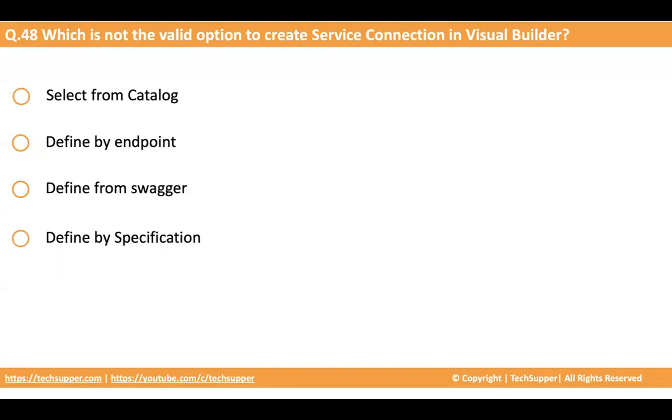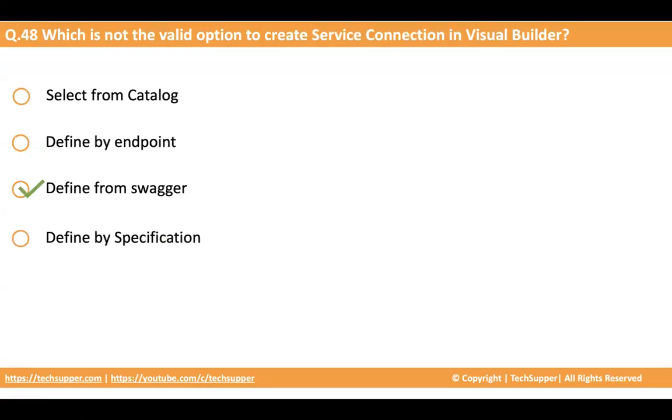Which is not the valid option? If you don't know, you can open a Visual Builder application, go to the service connection and see the three options available. So here the answer is define from Swagger. This is not the correct option.